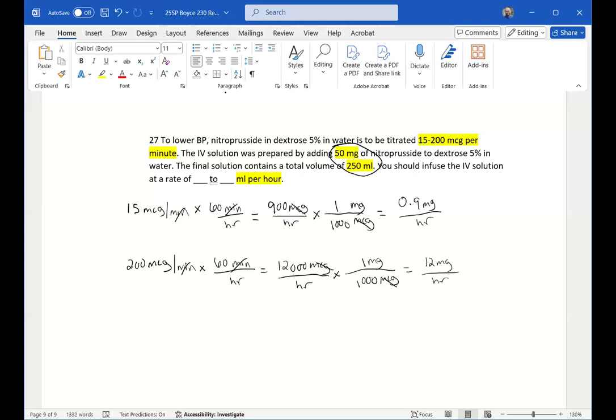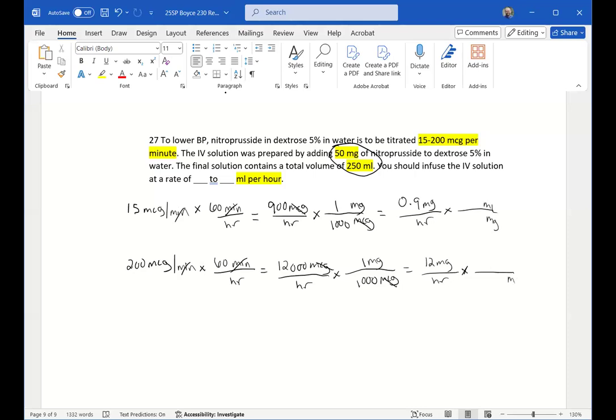Now all I have to do is convert the milligrams per hour to milliliters per hour, and I'm going to do so by multiplying by my available. Oh, it froze on me here. All right. So I'm getting rid of milligrams, converting it to milliliters.